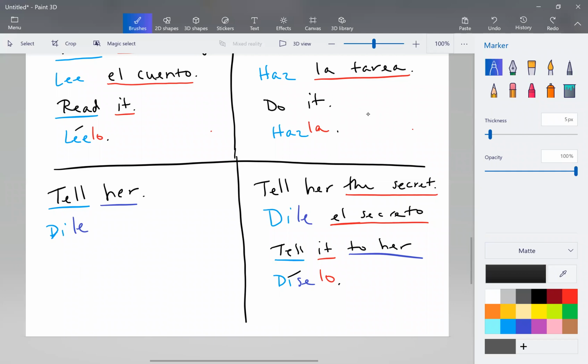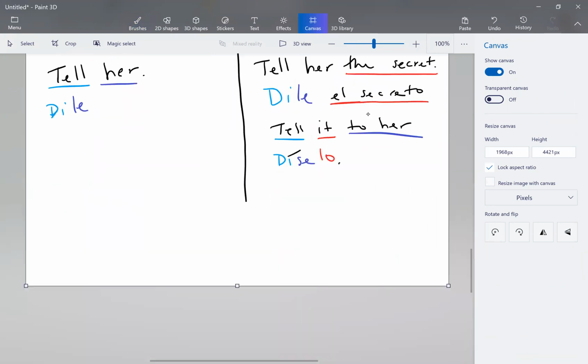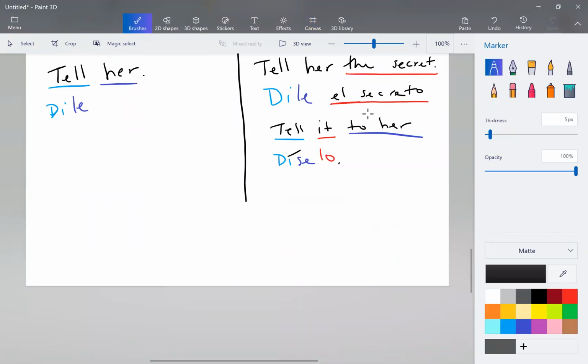Okay, so it might be something like, beber el agua todos los días. You're going to give me the tú command, which would just be bebe. Drink water every day.